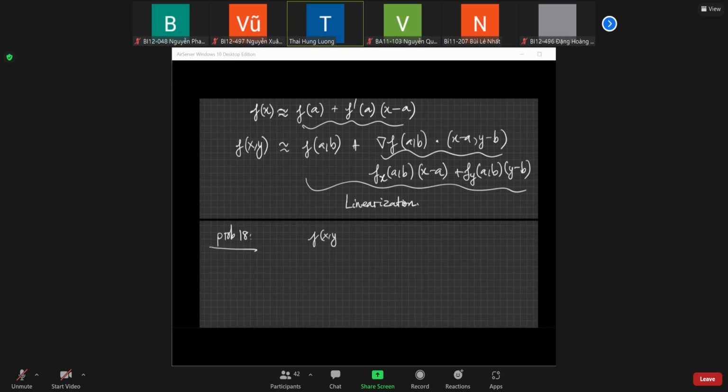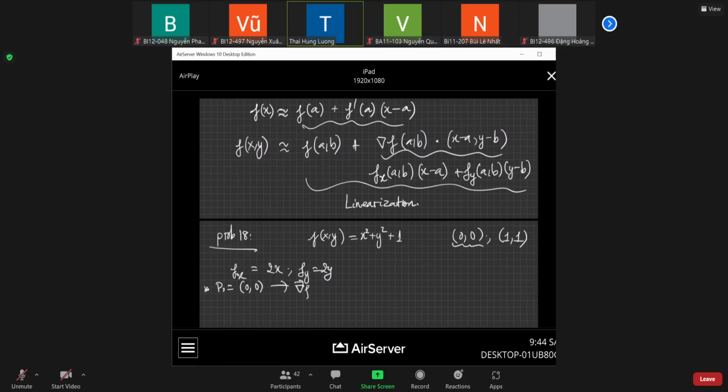Okay, so let's see. We first need to calculate the partial derivatives or the gradient vector of f at the given point. Let's consider the first case of (0, 0). fx is 2x and fy is 2y. So in this case, P0 equals (0, 0).